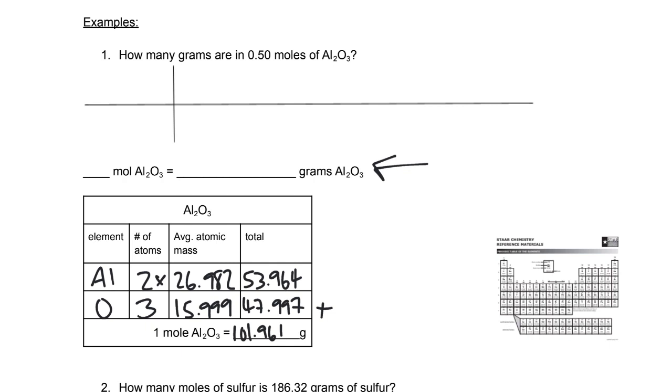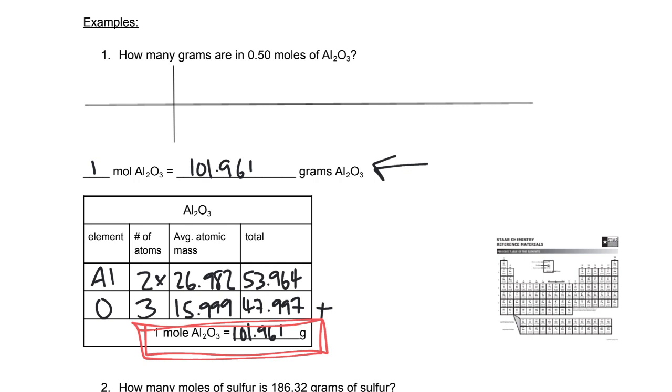That's what we learned how to do last class, figure out how much mass is in 1 mole. But this number that we came up with at the bottom is the conversion factor that you're going to use in your chart up here. We said 1 mole of Al2O3 is really 101 grams plus a little bit, 101.961 grams of Al2O3.